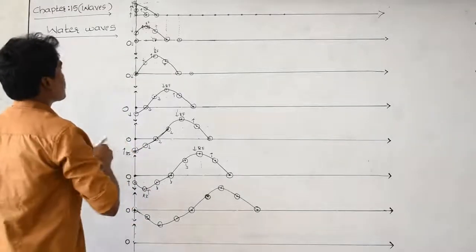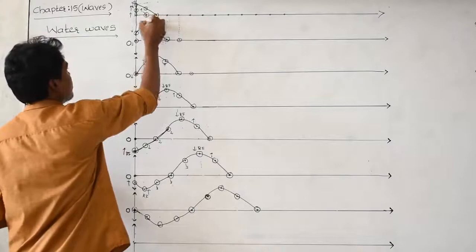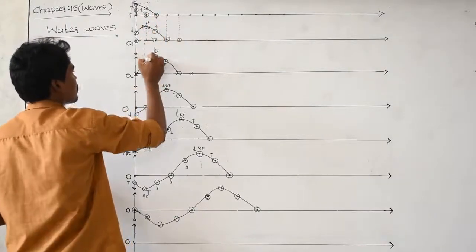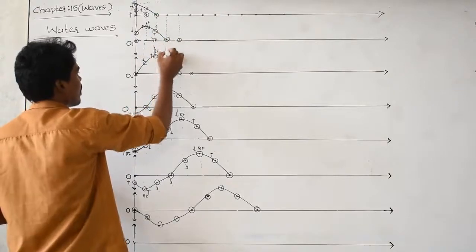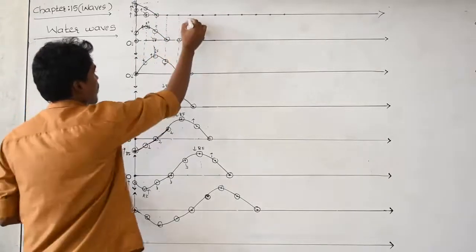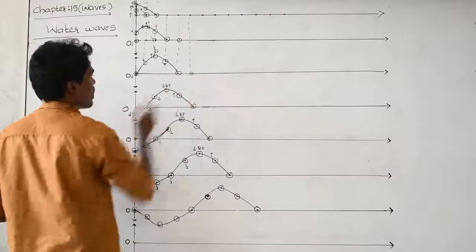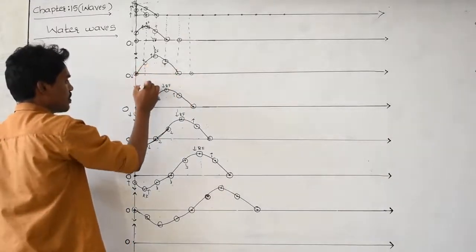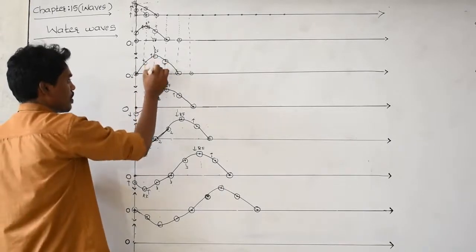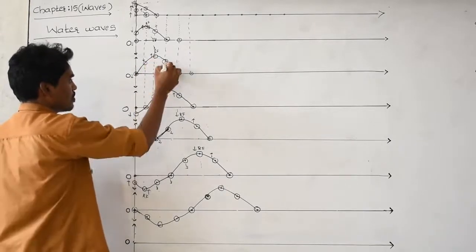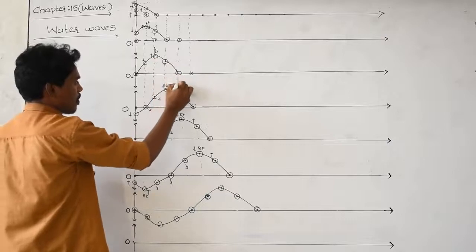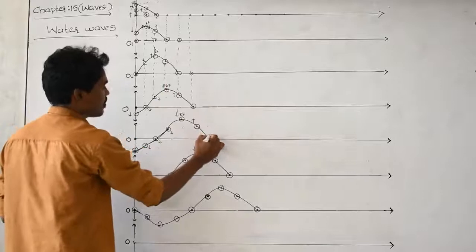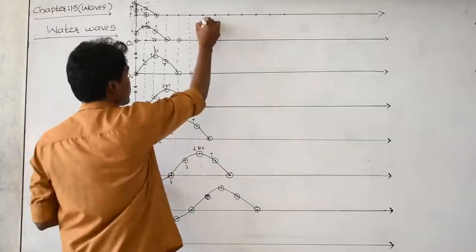This particle is here. Let us see how I am indicating this one. Where is this one? This is here, and next its position is here. And where is this particle? This particle is nothing but this one.